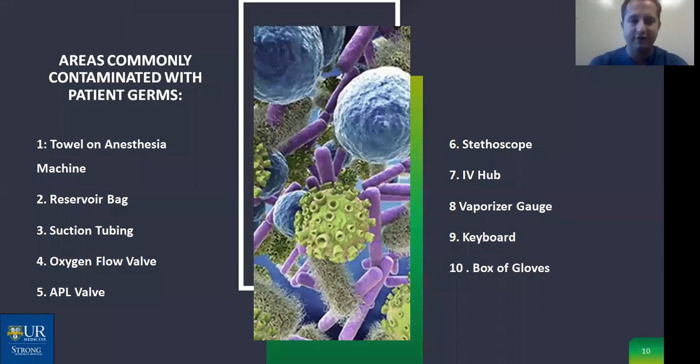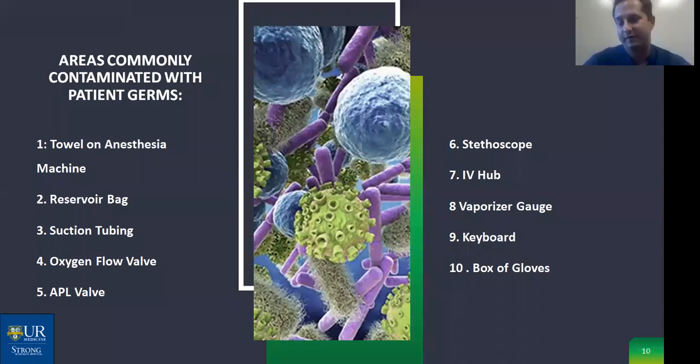The oxygen flow valve, again, very logical. And the APL valve, because those are the things we touch between intubating and ventilating, going back to adjust your flows, adjust everything, and going back. Something that is a kind of a dull moment was number 6 for me. Your stethoscope. We listen and put that right back over our necks without cleaning it or doing anything else.